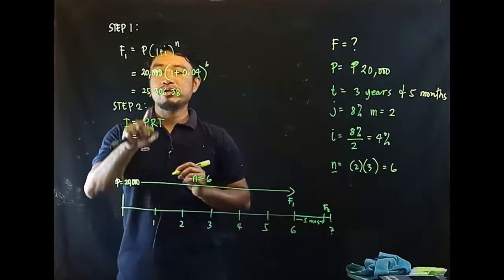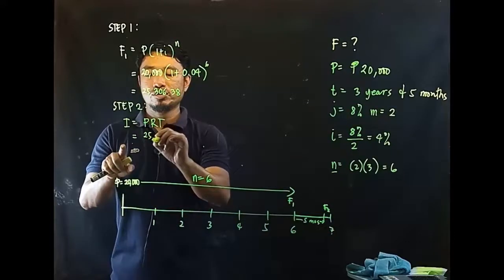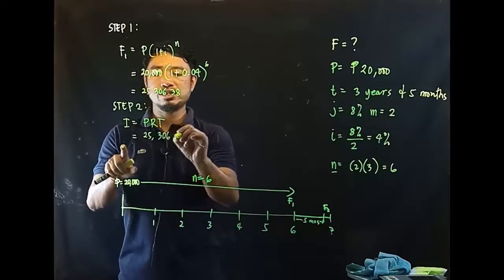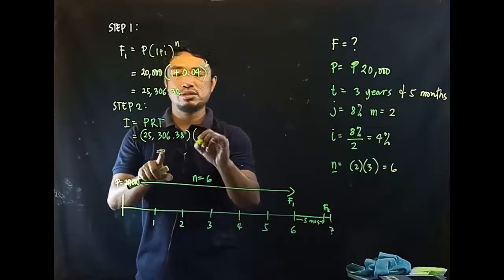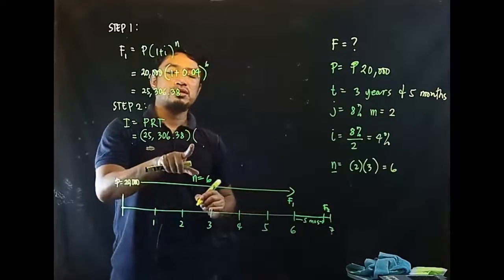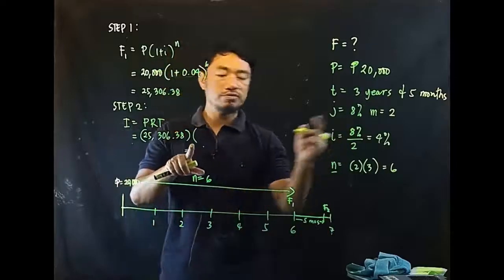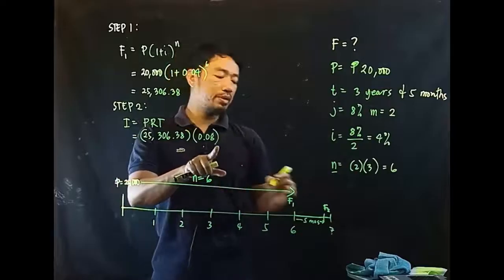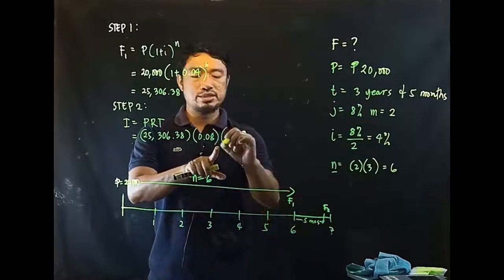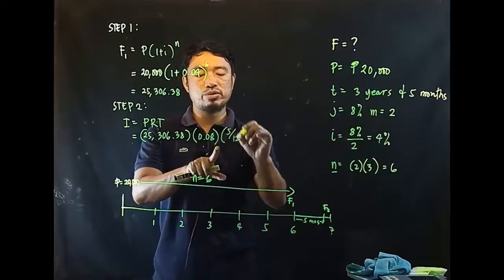So P will be equal to 25,306.38 times the interest rate, which is equivalent to the value of j, which is 8%, over a period of 5 months. So that's 5 over 12.